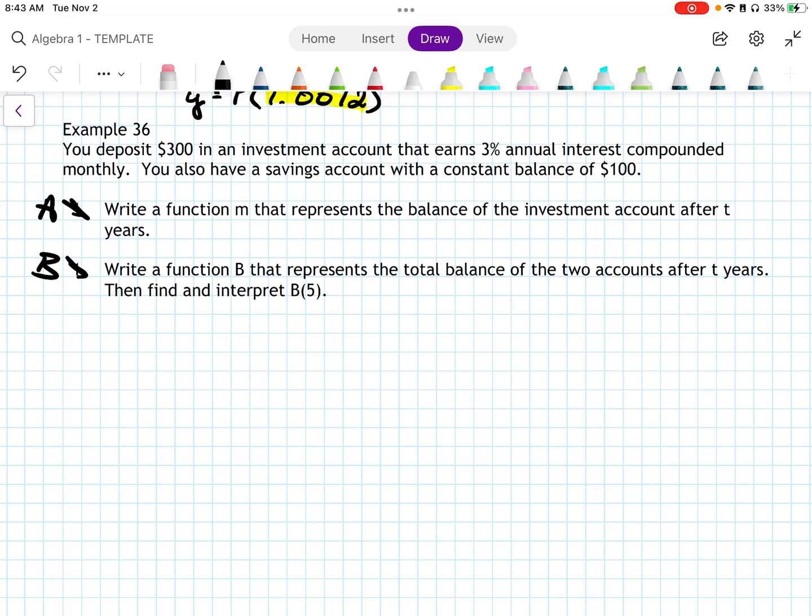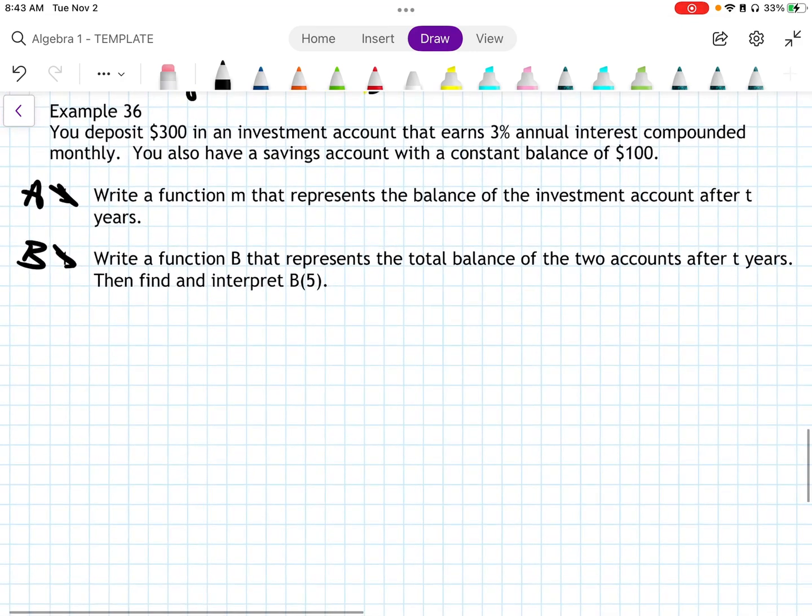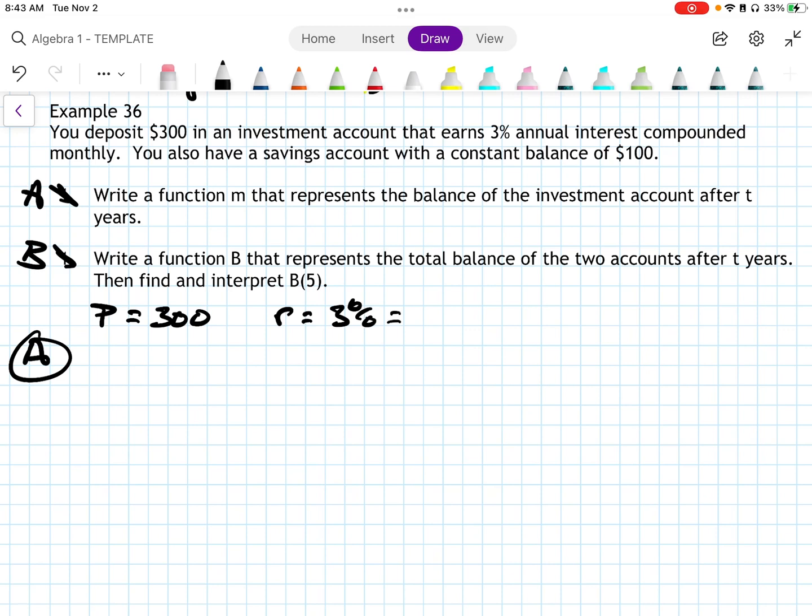Part A, write a function M that represents the balance of the investment account after T years. Well, we need to look at part A here and find some things. Our principal is how much we put in initially. That's going to be 300. My rate is 3%, or written as a decimal would be 0.03.